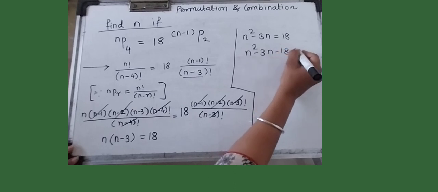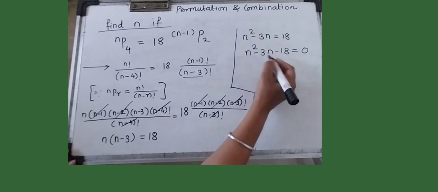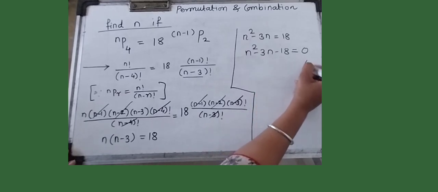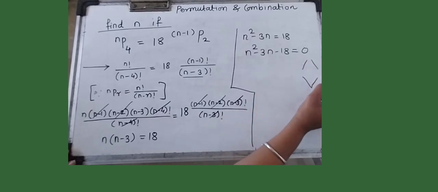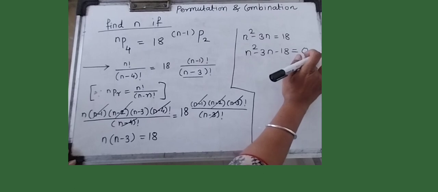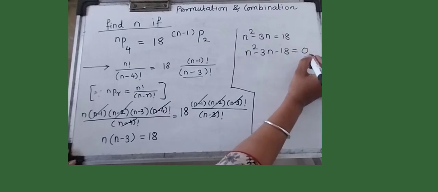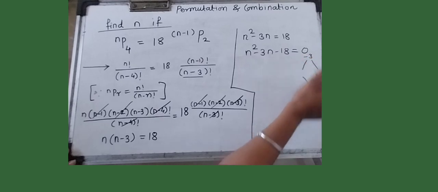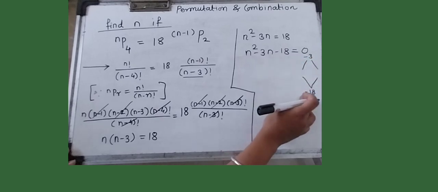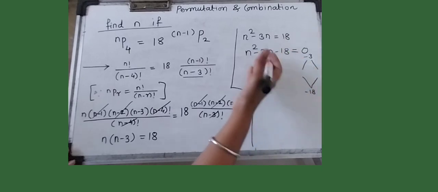This is a quadratic equation. Why quadratic? Because square is here. So what do we want here? Roots. Minus 18 is the multiplication, minus 3 is the addition. So what are the roots of this equation?